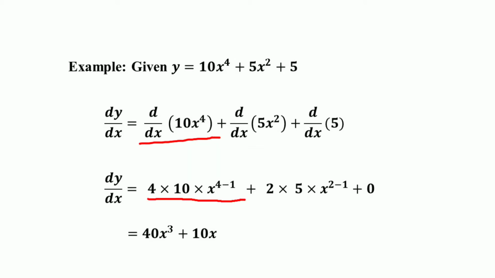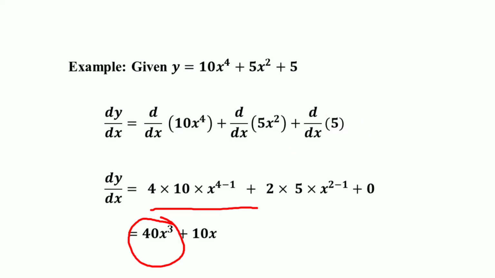So d/dx of 10x raised to the power 4, by applying the constant times power function rule, is 4 into 10 into x raised to the power 4 minus 1, plus the derivative of 5x square, that is 2 into 5 into x raised to the power 2 minus 1, plus the derivative of 5, which is constant, so it is equal to 0.